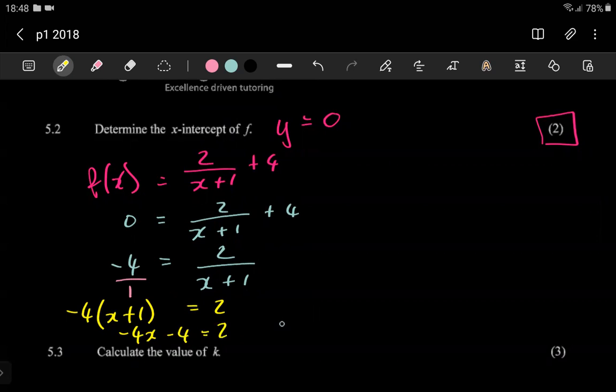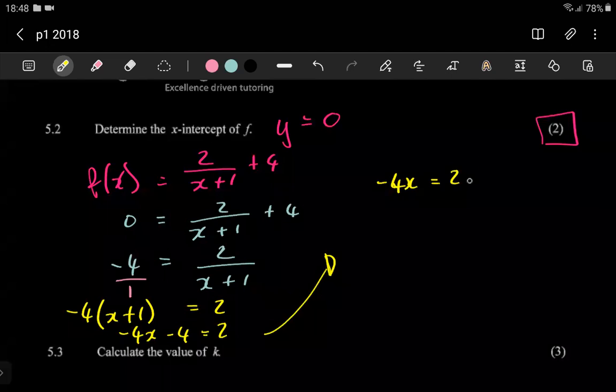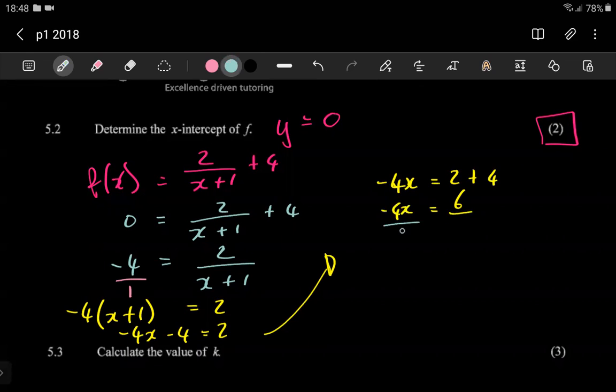The 4 goes over to the other side. Then you're going to have -4x is equal to 2 plus 4. Then divide both sides by -4. What are we going to get? In your calculator, the simplified version of this is going to be -3/2.